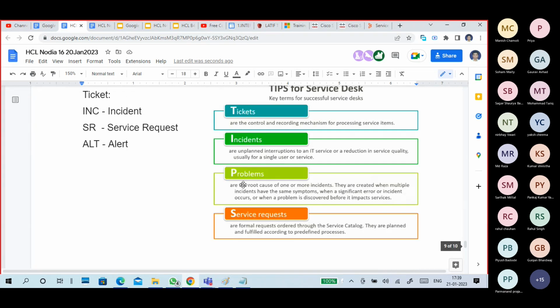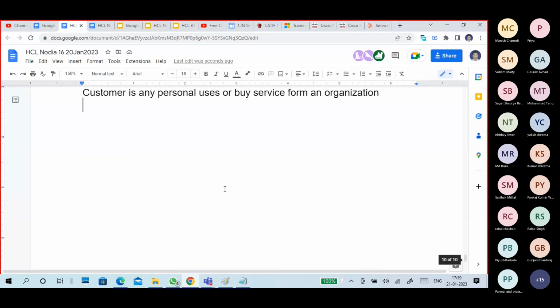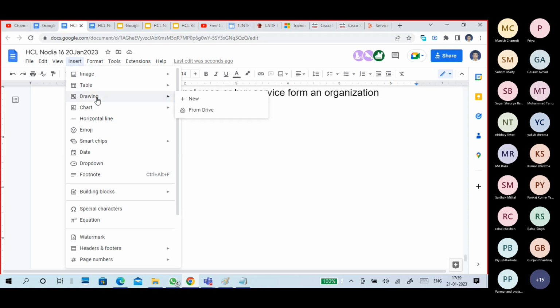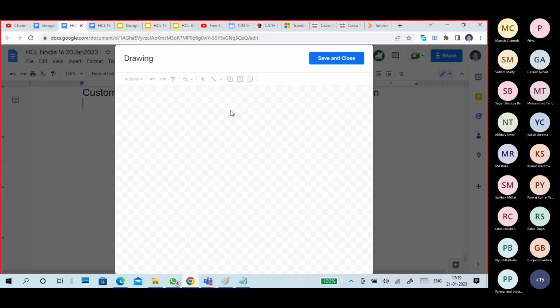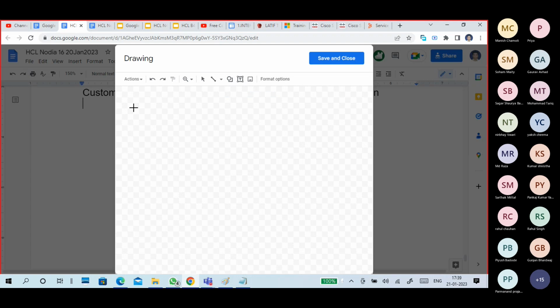First of all, I explained this diagram, right? In the same way, I want to draw something here for internal and external customers. Both I will put in one place. Okay, guys, this is the service provider.